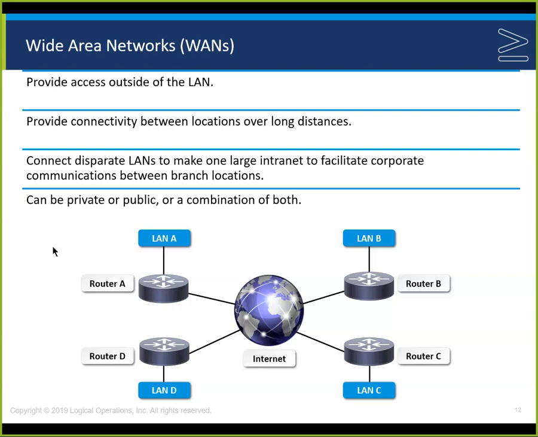So WANs provide access outside of the local area network, connectivity between locations over long distances, and connect disparate LANs to make one large intranet to facilitate corporate communications. ECPI had, I think, 15 locations, and these were widely dispersed. They weren't within a local area.